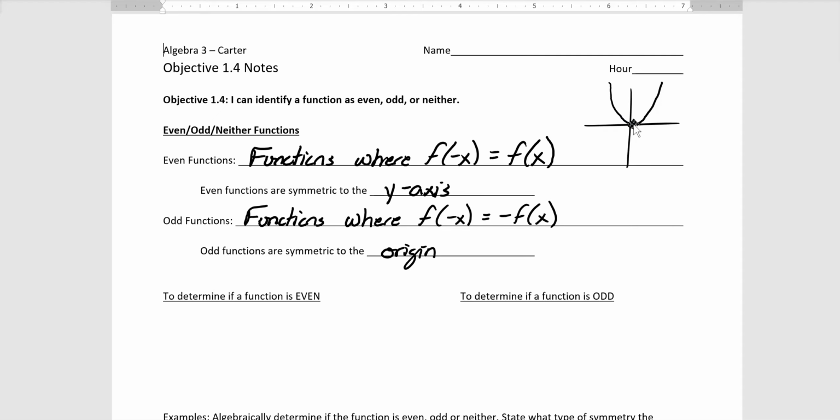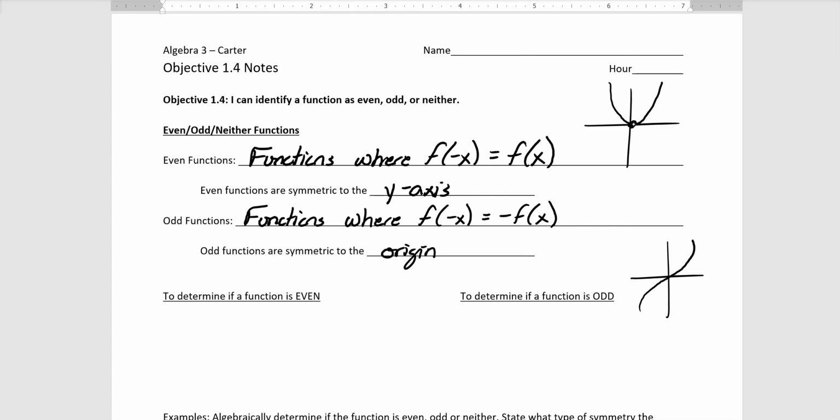And what I mean by that is that these functions, let's do one like this, will look like so, where the negative x is the opposite of the positive x. So if I have a negative x and I'm going down, for the positive x, I'd be going up, and vice versa. So if I had a negative x that was going up, the positive x would be going down.